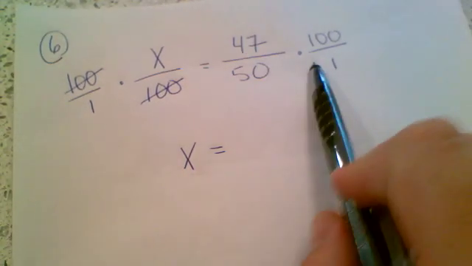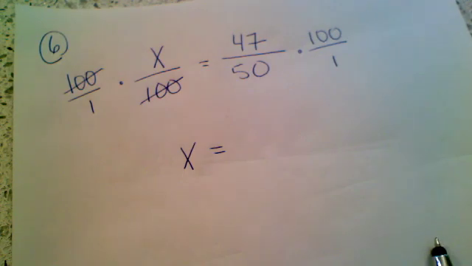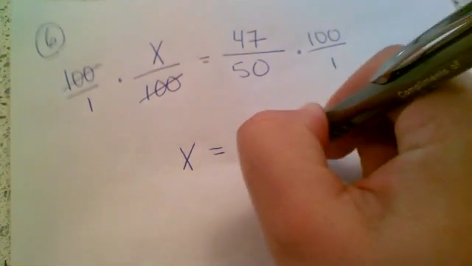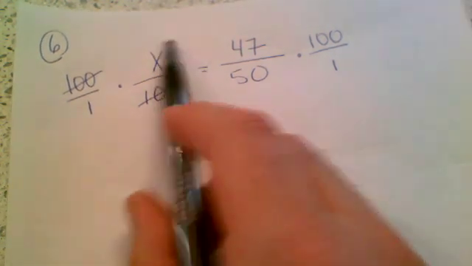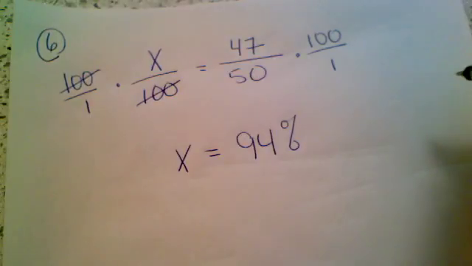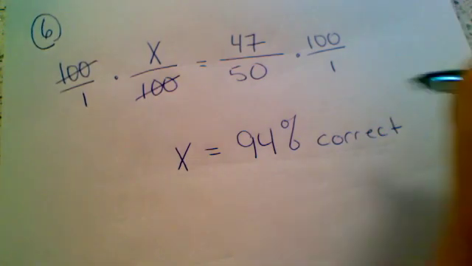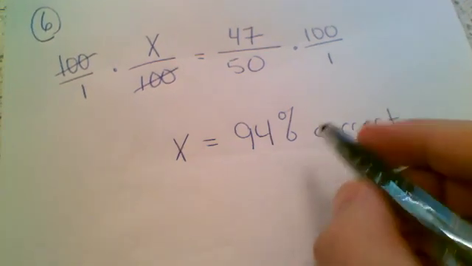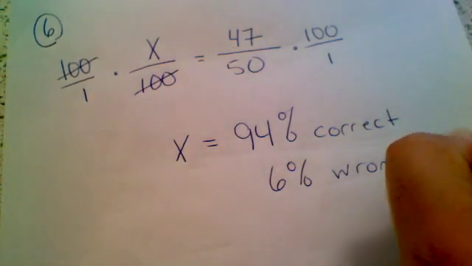So we do 47 times 100 divided by 50. So we get 94. And then the label for that is percent, because we were asked to find out what her percent was, or what percent she got correct. So if she got 94% correct, that means she got 6% wrong.